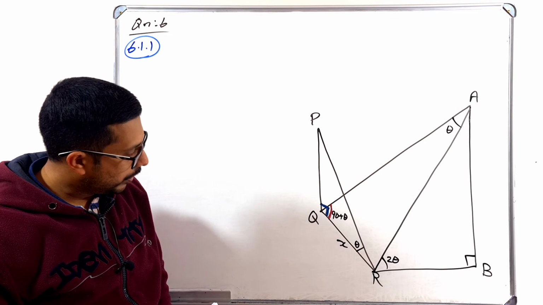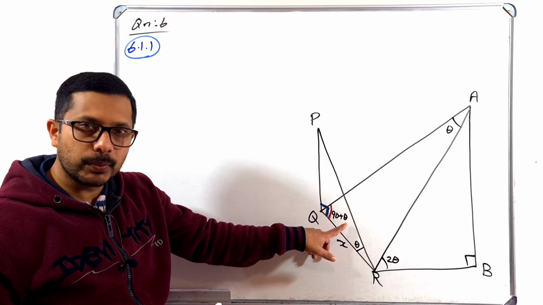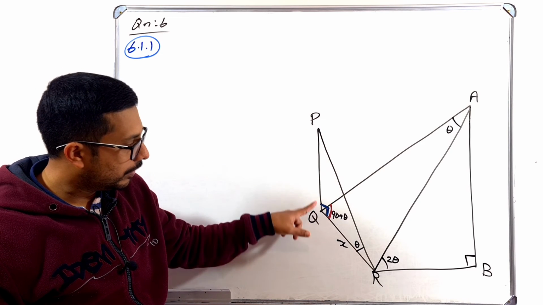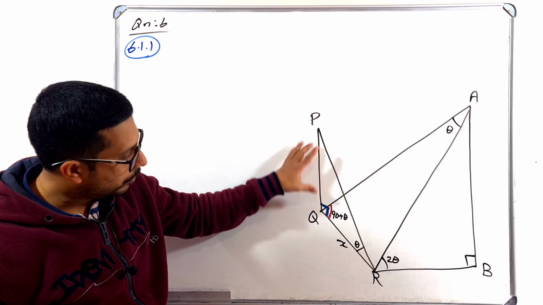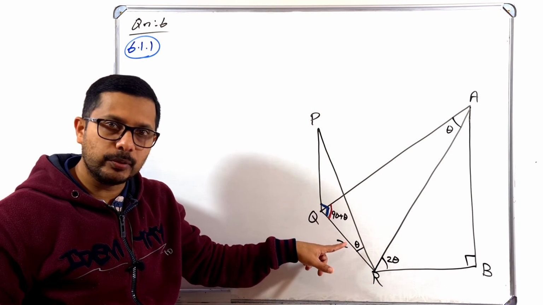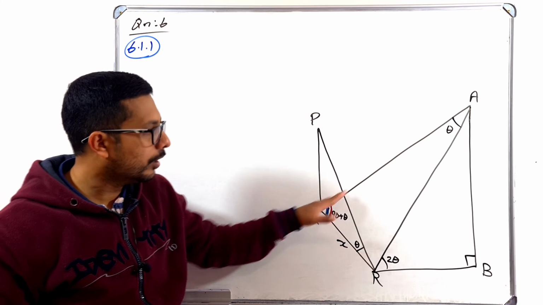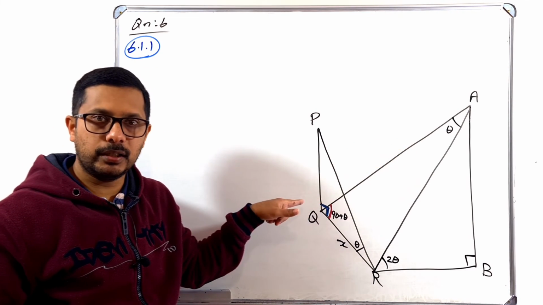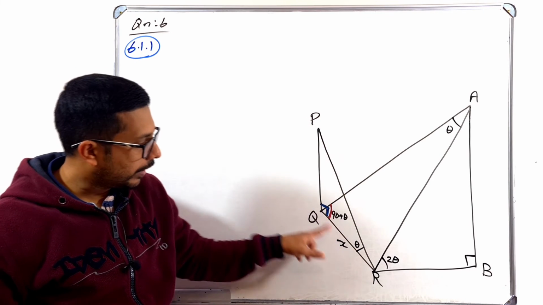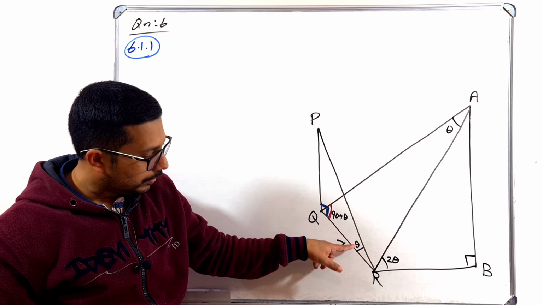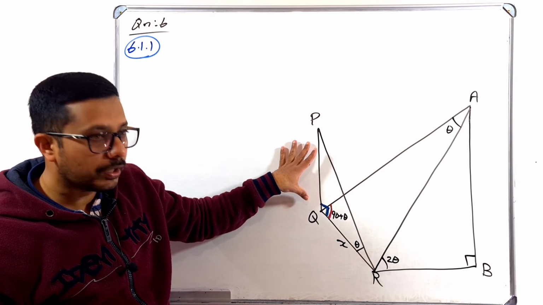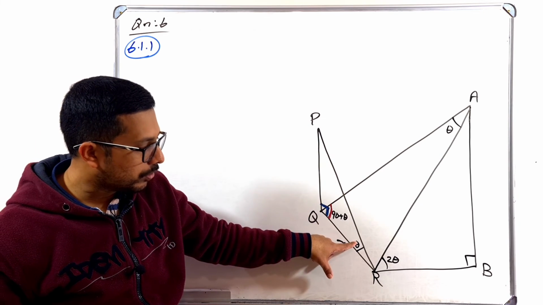So what we can do is, we can't take 90 plus theta. Don't forget that that 90 plus theta is not in our triangle. Look at this triangle PQR, okay. I'm going to consider that triangle PQR, and this 90 plus theta is based on this line. So don't take 90 plus theta. So based on this triangle PQR, look at this angle theta. PQ is opposite of this angle theta.